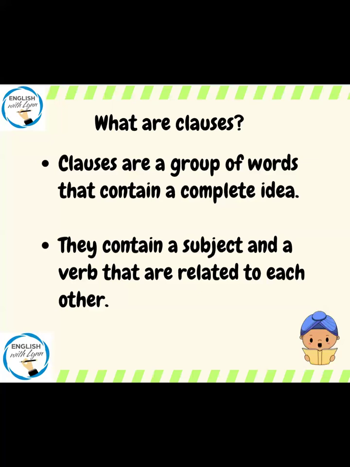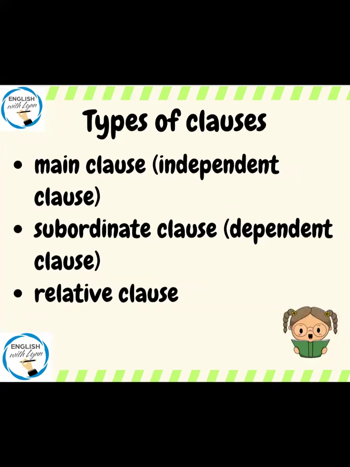So in English, there are a few different types of clauses, and some of them have different names. So we have a main clause. This is also referred to as an independent clause. We have subordinate clauses. They are also referred to as dependent clauses.